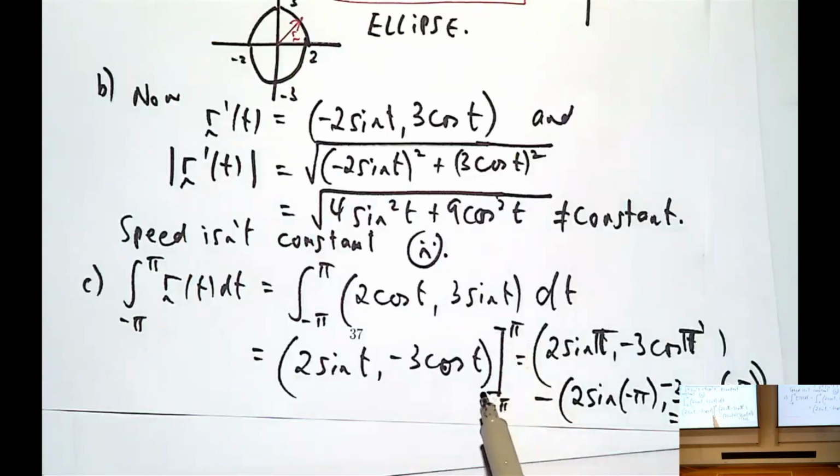They write this big bracket. And so it's this evaluated at t equals pi minus this evaluated at t equals negative pi. Okay? So if you can do sort of standard integrals, that's usually some of the notation that's used. Okay? Other questions? All right. Let's do another one.